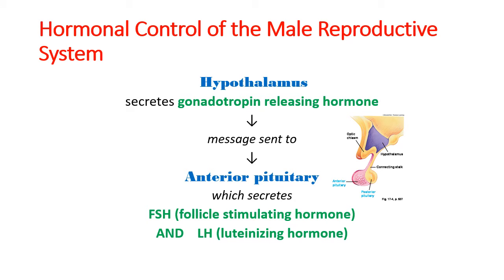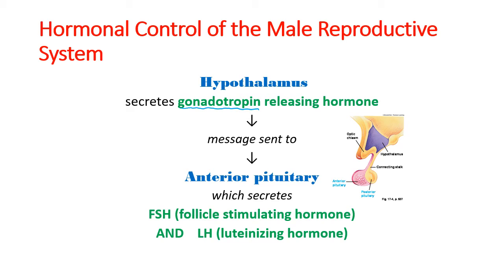So in the male, the process is, again, fairly constant. It begins with the hypothalamus, as many of our hormones do, as we saw back in the endocrine system. The hypothalamus is going to release a hormone called gonadotropin releasing hormone. This one tells us where it's going to go and what it does.